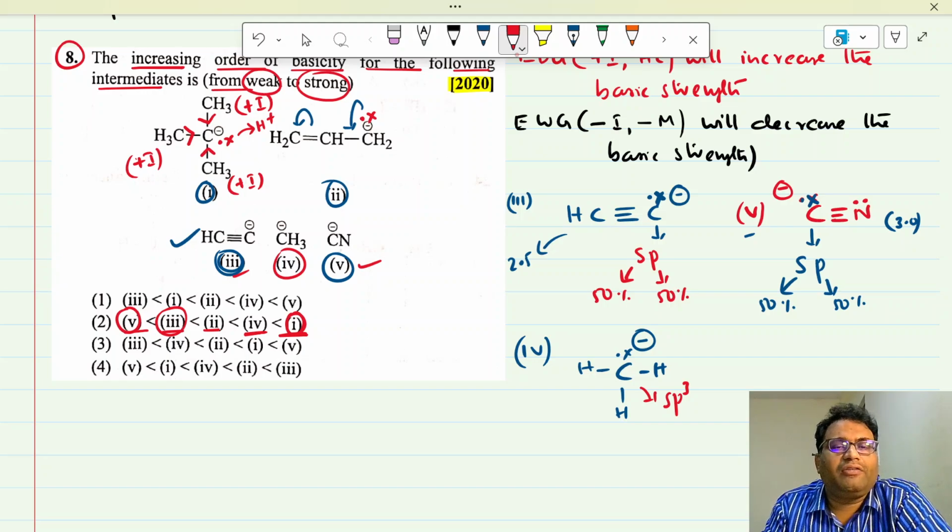And here, among delocalization and sp hybridization, sp hybridization makes the atom hold the pair of electrons more effectively. sp hybridization is dominating than delocalization here. So answer will be second.